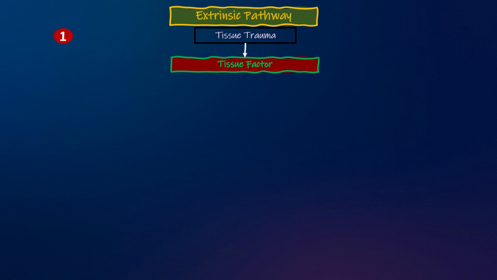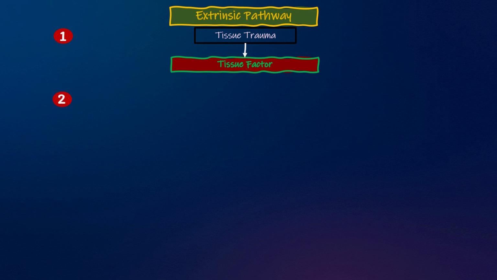Traumatized tissue releases a complex of several factors called tissue factor or tissue thromboplastin. This factor is composed especially of phospholipids from the membranes of the tissue plus a lipoprotein complex that functions mainly as a proteolytic enzyme.